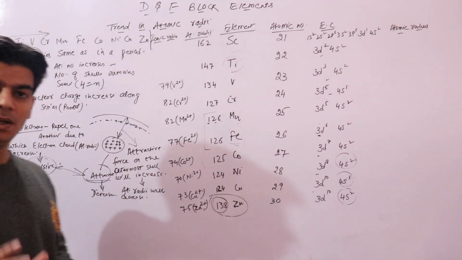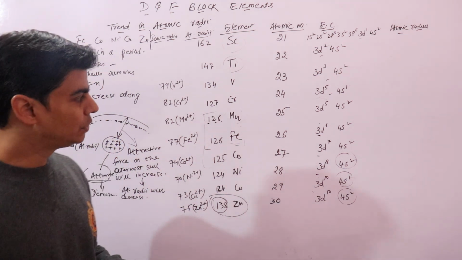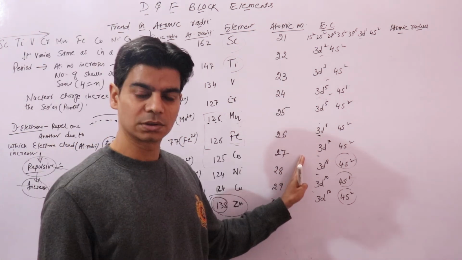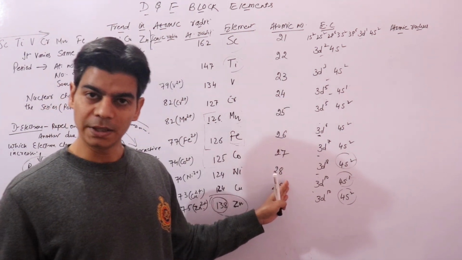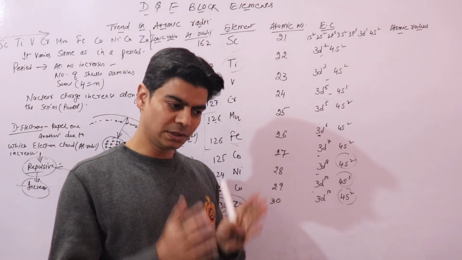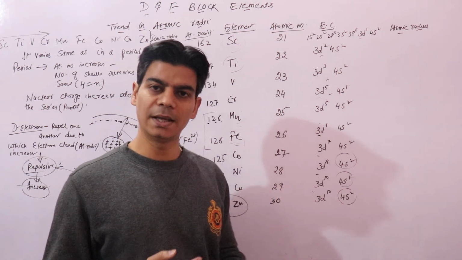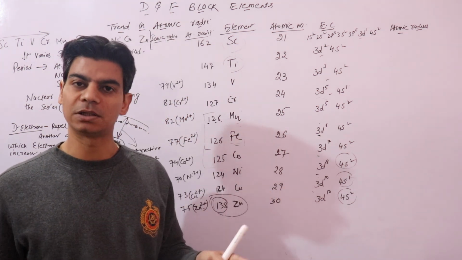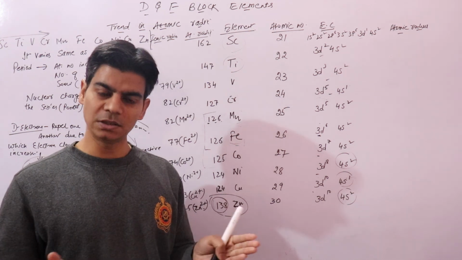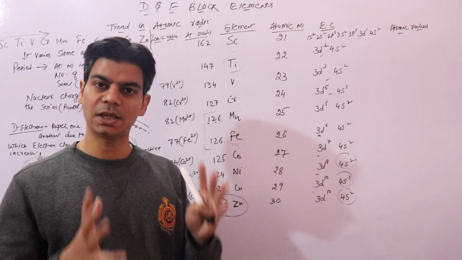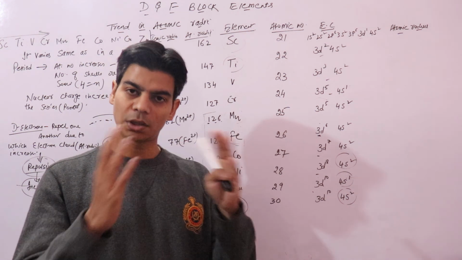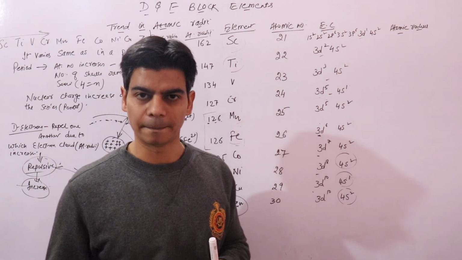Now in case of d block elements, the number of d electrons in the penultimate shell is increasing, and due to this there is increased repulsion. When there is repulsion, your electron cloud will increase. That is, this repulsive force has the tendency to increase the electron cloud or your atomic radii.